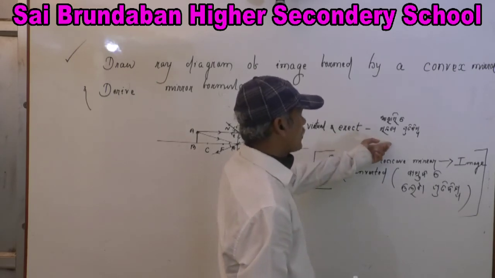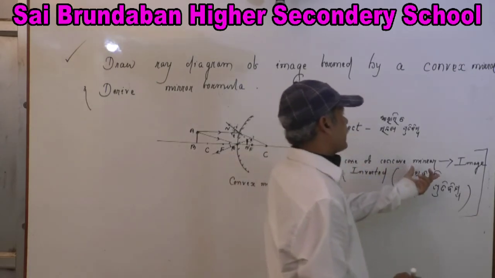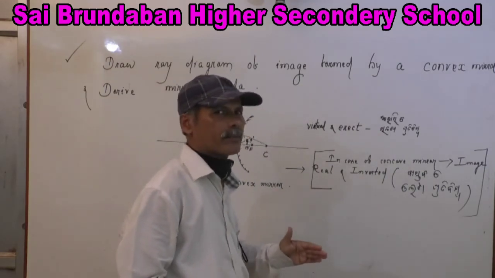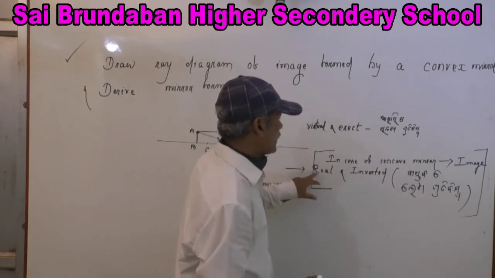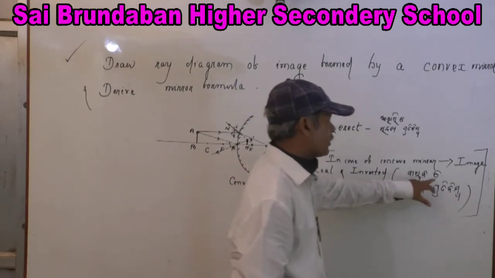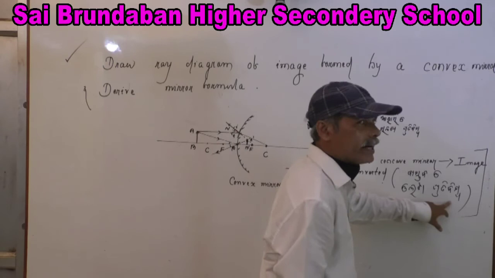Erect means सीधा. In case of concave mirror, the image we have traced was real and inverted, means वास्तविक और उल्टा प्रतिबिंब.